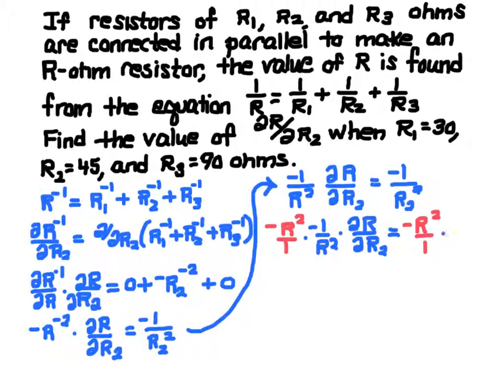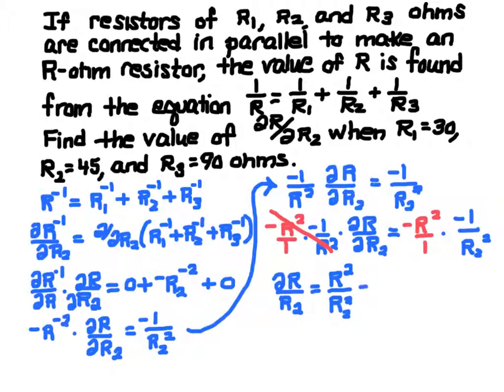And that's times a negative 1 over r sub 2 squared. And of course I did that so that I could cancel these out. And I end up with the partial derivative of r with respect to r2 is equal to a positive r squared divided by r sub 2 squared.